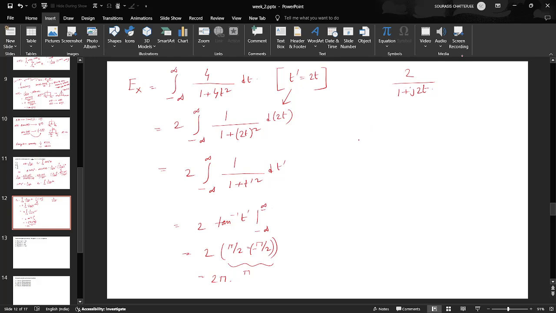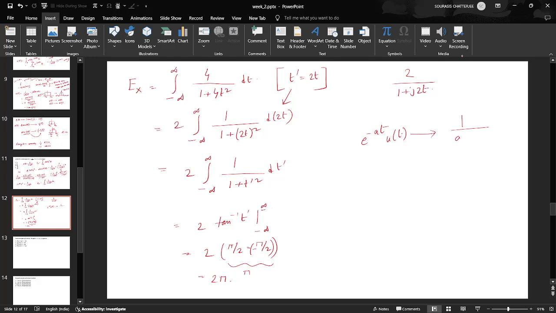If we consider e to the power minus at u(t), what its Fourier transform is going to be, let's compute.